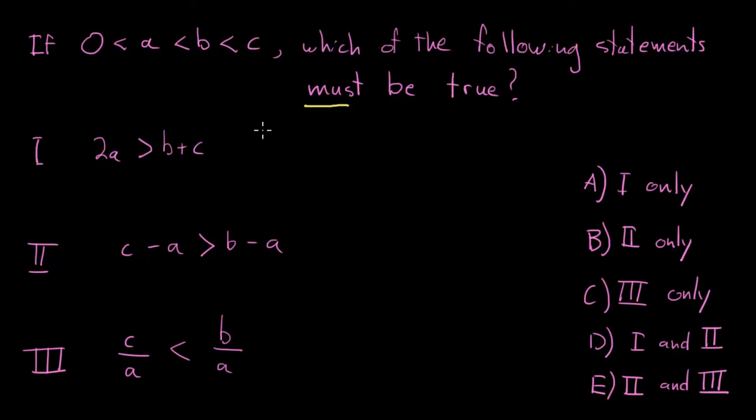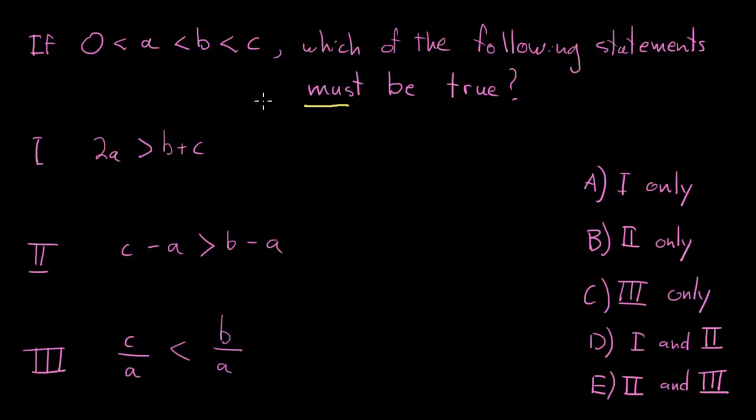Well, that definitively proves that Roman numeral 1 doesn't have to be true, so we can just get rid of Roman numeral 1, and we can get rid of anything for which we find one example of numbers that make that statement not true.